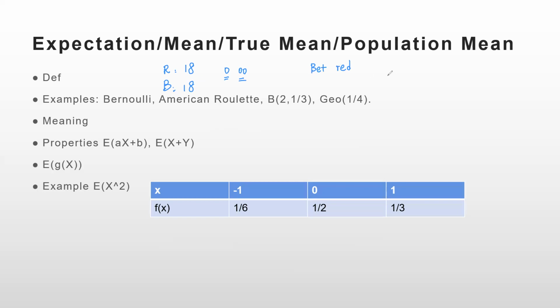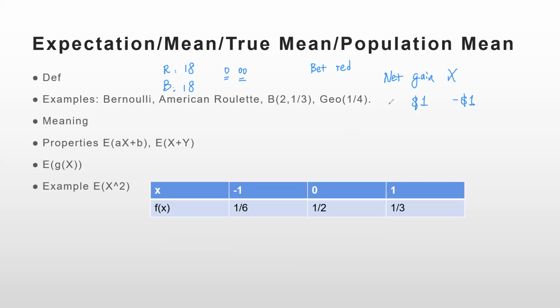So let's consider the net return. Net gain is our random variable x. So you can earn $1, or you can lose $1. So these are the outcomes of this random variable, or the sample space of the random variable.